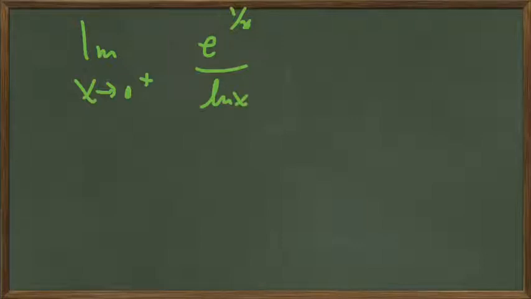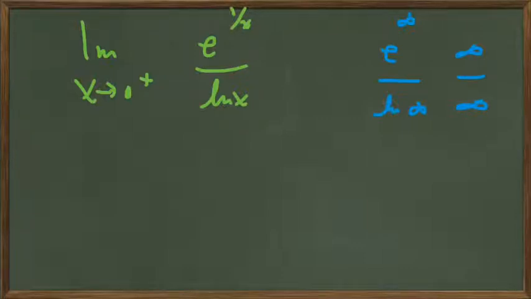If we let x go to 0, the top is e to the infinity, which is infinity, and the bottom is ln of 0, which is also infinity, and so it is an infinity over infinity type.